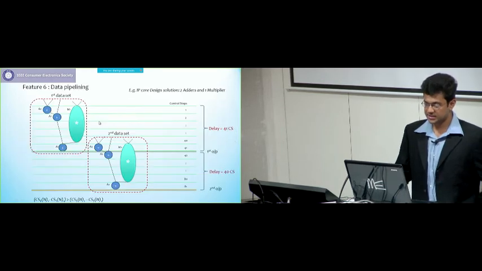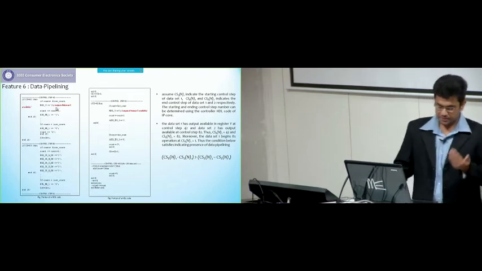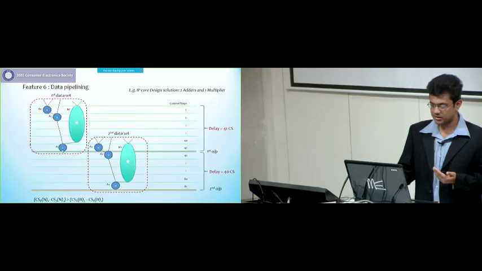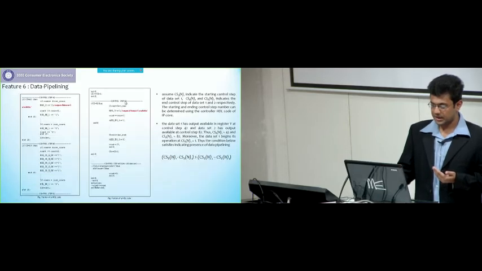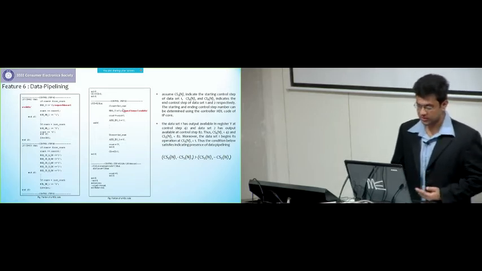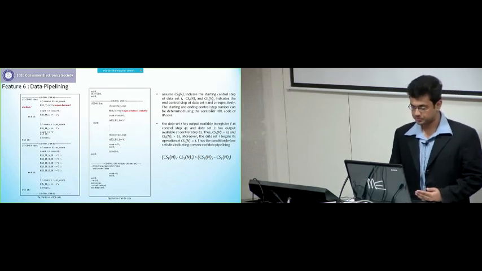So we can check the same information in the HDL file. How? For example, in control step 42, we have register Y indicating the output of data set 1, which is here, and again in control step 82 we have the output of data set 2, which is indicated by the output register Y again being activated as 1.